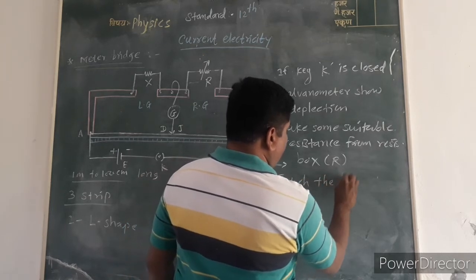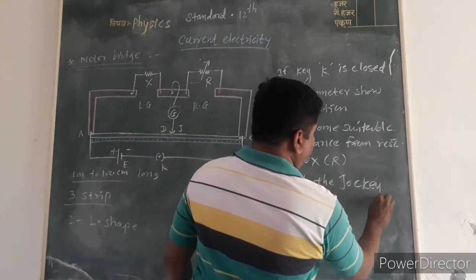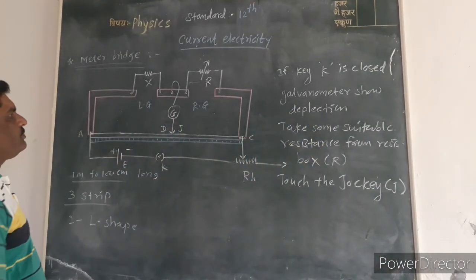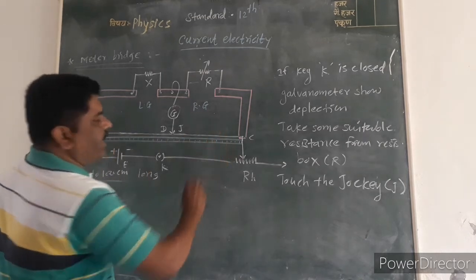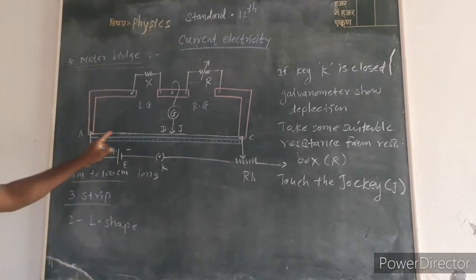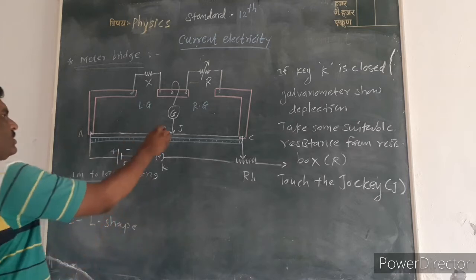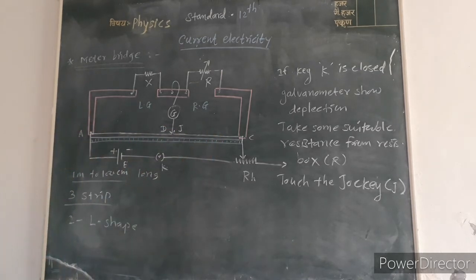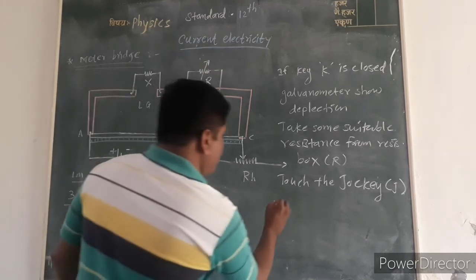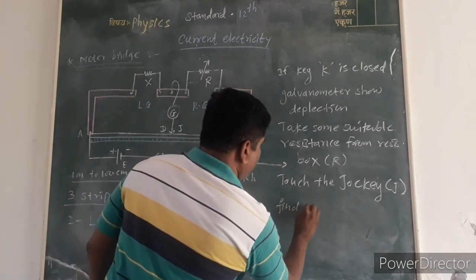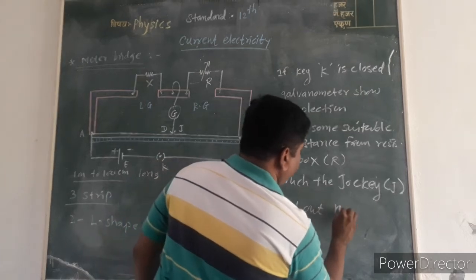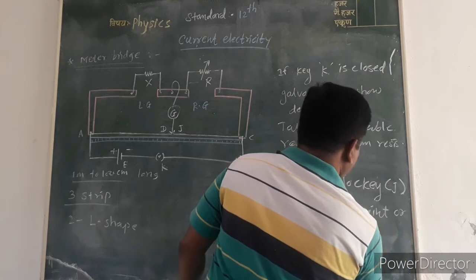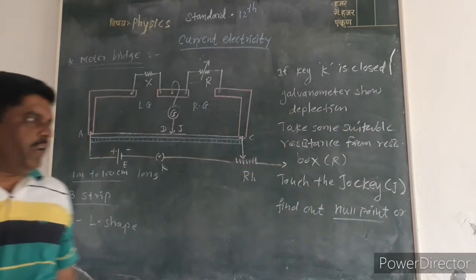Touch the jockey J at different points on this wire AC and find out the null point.